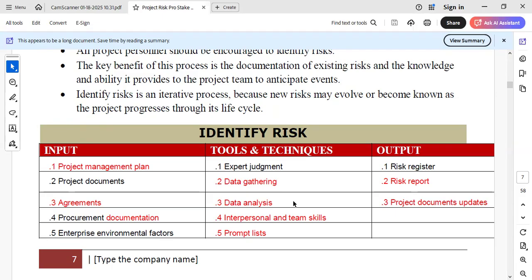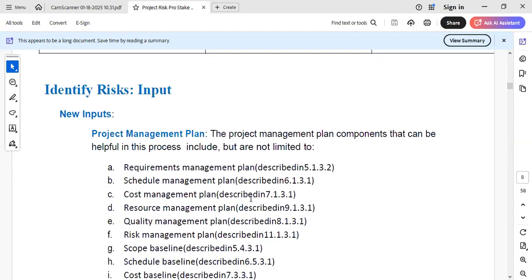Then we have the risk register. Once the risk register is out, we have our risk report. The project documents will be updated. Like we said, contracts that are wrongly worded would be rewritten.